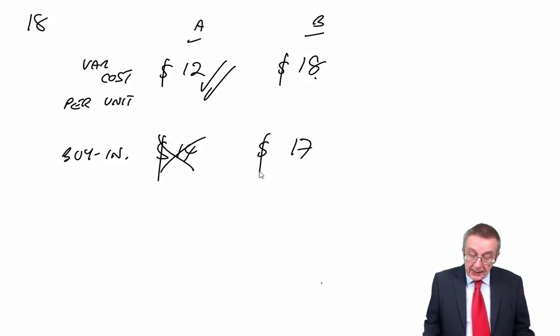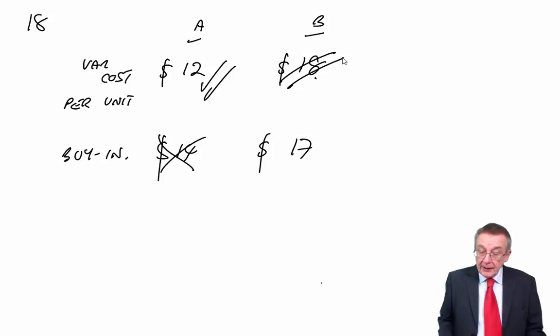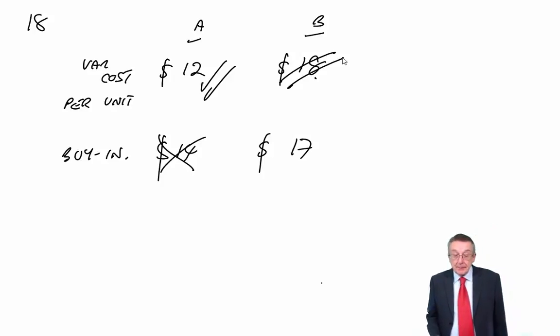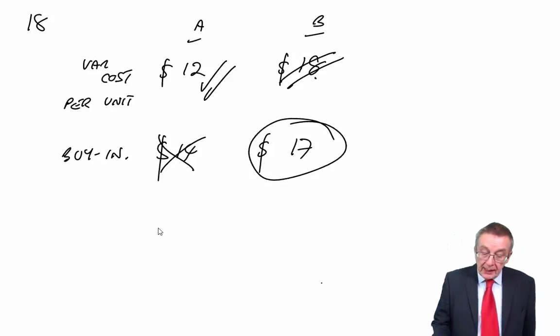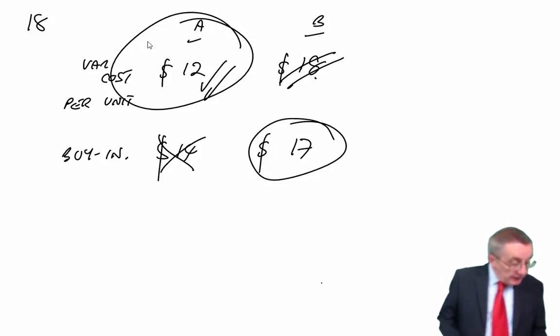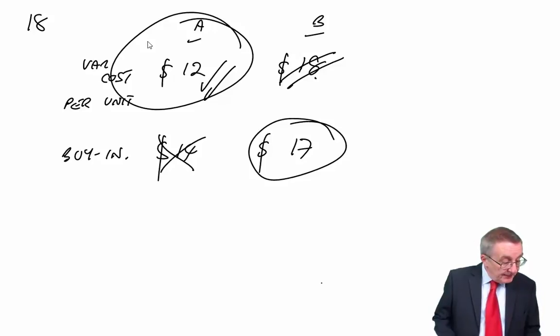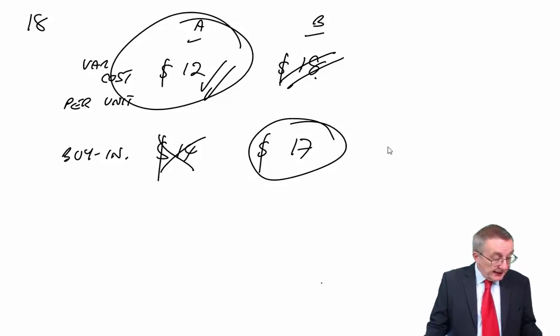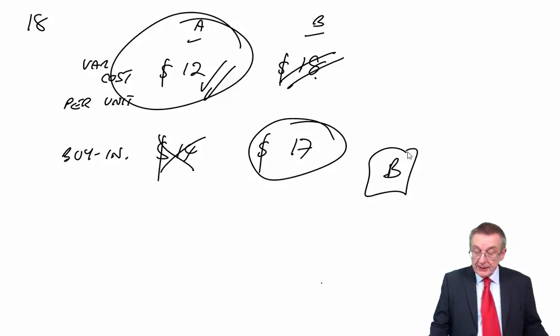Well, for product B, surely it's cheaper to buy in. And so product B we'll buy in, product A we'll make ourselves. Which component should we buy in from outside? Well, we just said it's B only. The answer is B.